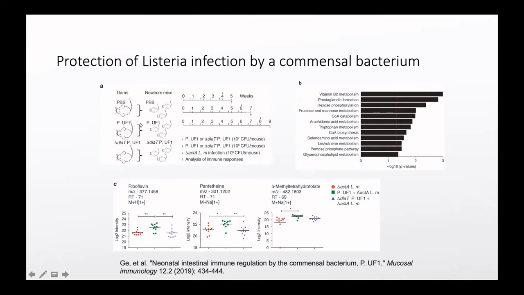That actually protects the mice from Listeria infection. Then the same strain, but a mutant with a deletion of one gene, failed to confer the protection. The addition of UF1 bacteria to mice showed that a lot of vitamin B related metabolites were highly increased in the mice. I'm just showing a few examples here. So that is a very possible mechanism contributing to their protection from infection.